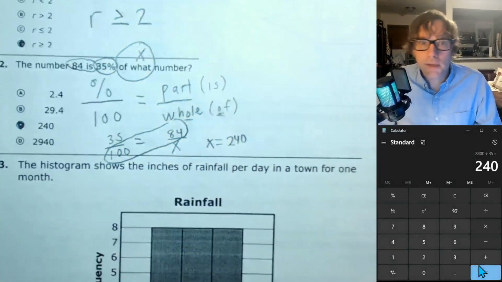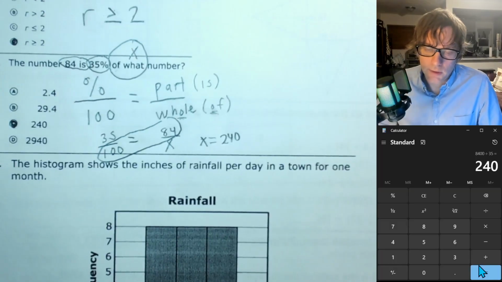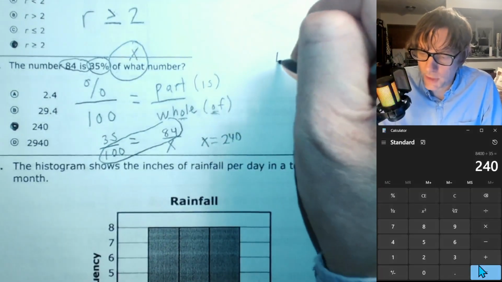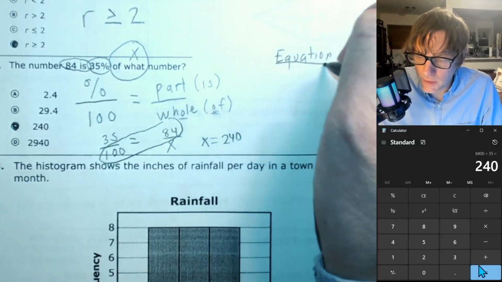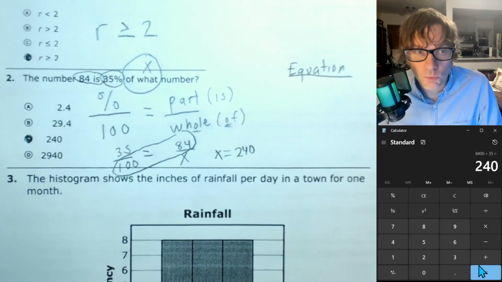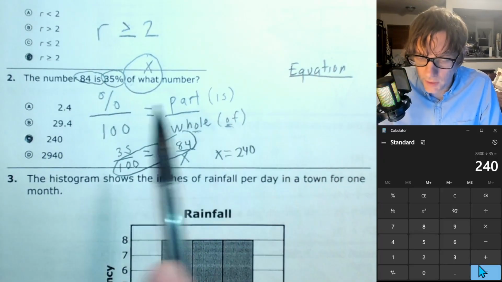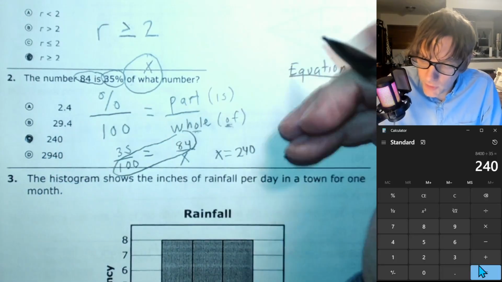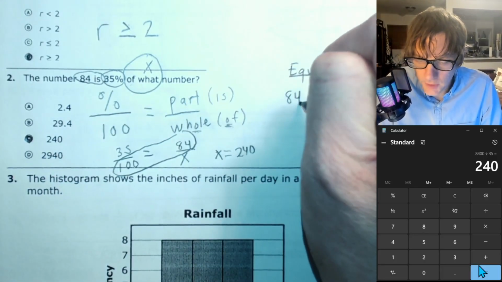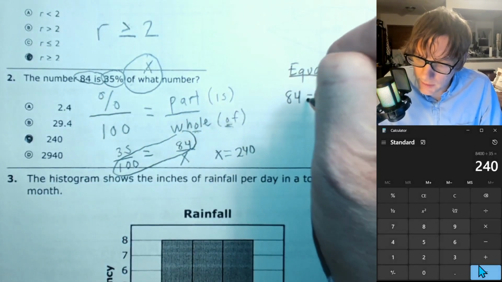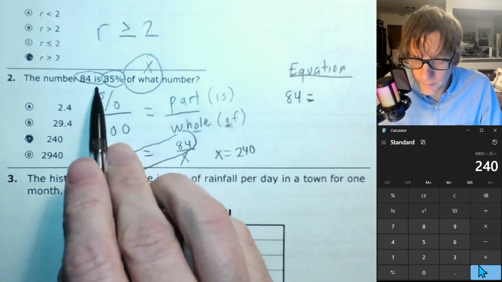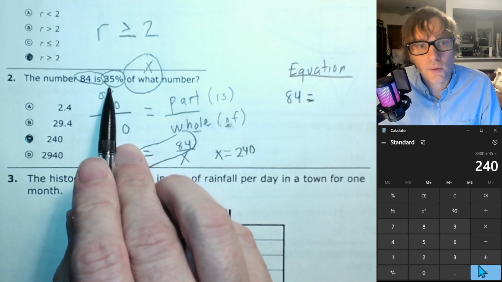All right, there is another way to do this, though, as well. The other method is writing an equation. So this is the equation method. The equation method is you just read the problem from left to right and write the equation. So it says the number 84. So I'm going to write that first. Is. Whenever you see the word is in math, it's an equal sign. All right. 35%, so I need to write that.